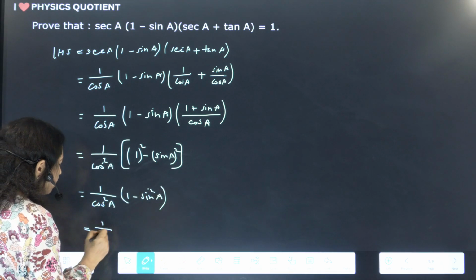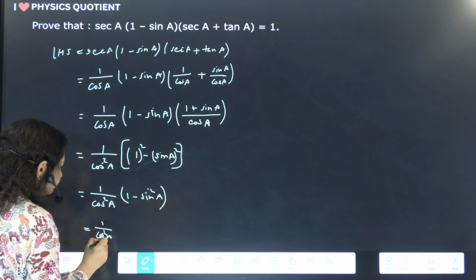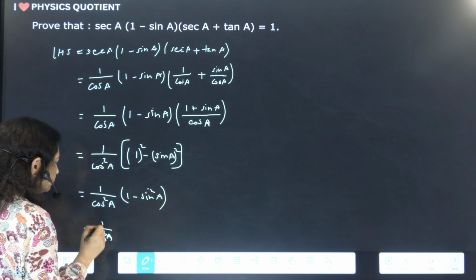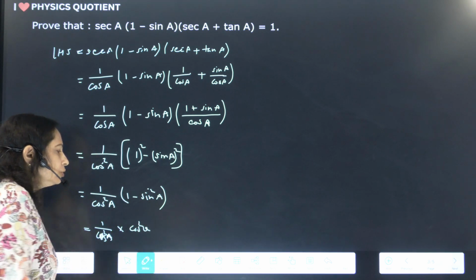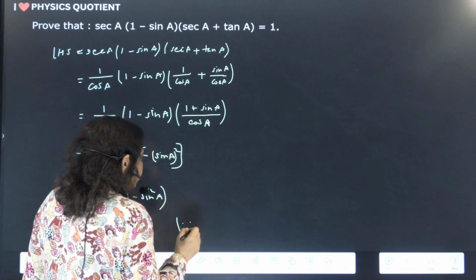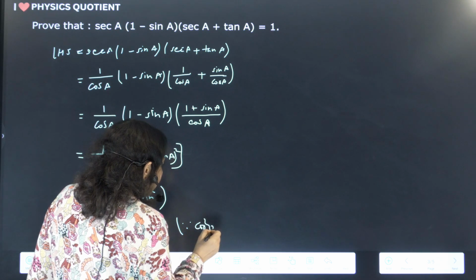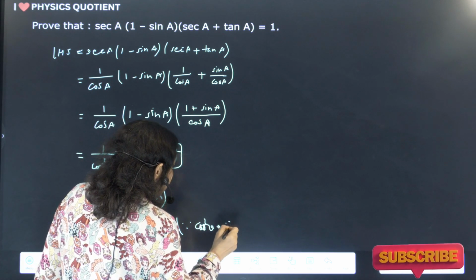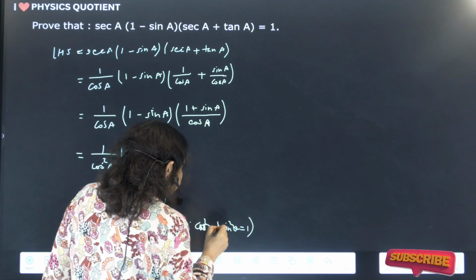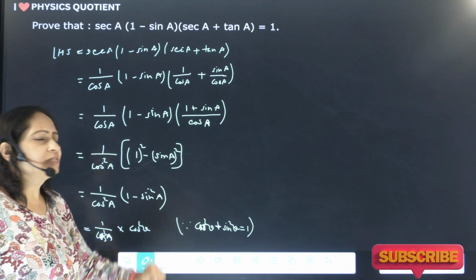This equal to 1 upon cos square A into cos square A, because using identity cos square theta plus sin square theta equal to 1. See, cos square theta plus sin square theta equal to 1.